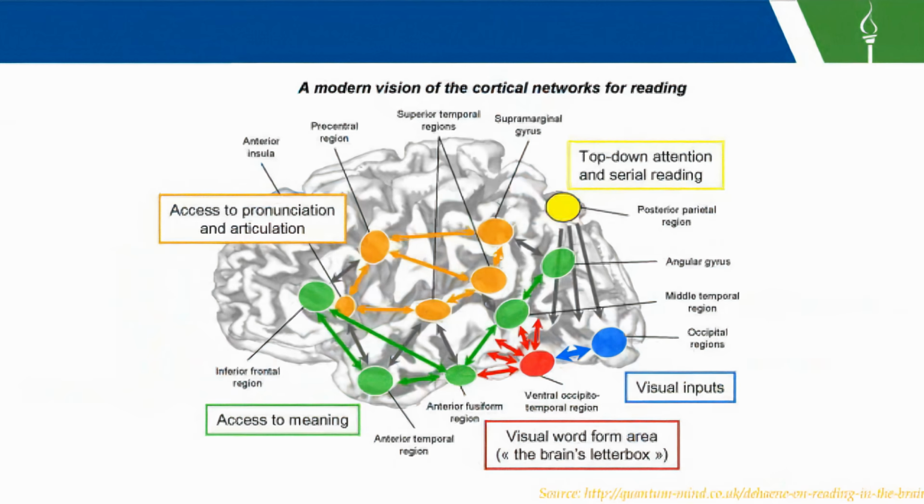This graphic is from the work of Stanislas Dehaene out of his lab in France. It is a representation of the neural networks that are involved in communicating, reading, writing, speaking. And it's important to understand for our students that in the case of dyslexia, these neural networks are either non-existent or very rudimentarily formed.